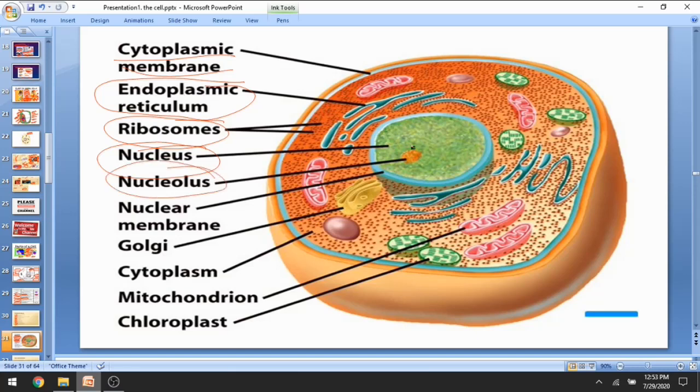Nucleolus is a further dense organelle present within the nucleus, a globular, dense structure that is responsible for capturing important genetic materials and other important molecules. Nuclear membrane is the outer layer of the nucleus that maintains the shape and structure of the nucleus.